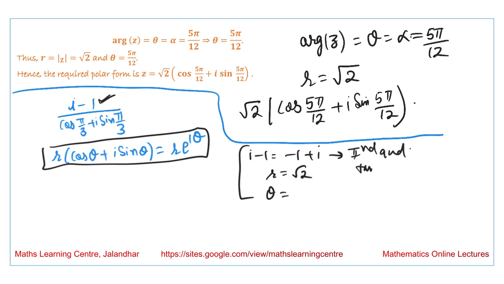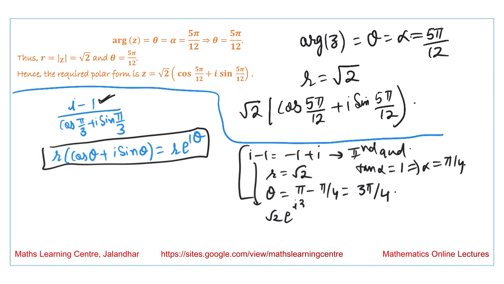The value of tan alpha is equal to 1, so this implies alpha is equal to pi by 4. So the value of theta will be pi minus pi by 4, that is equal to 3 pi by 4. So the polar form for this number will be root 2 e raised to the power iota 3 pi by 4.